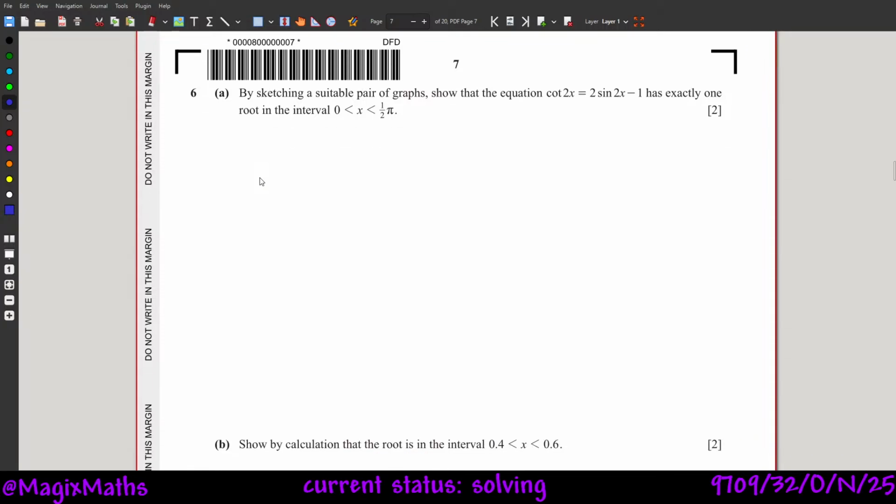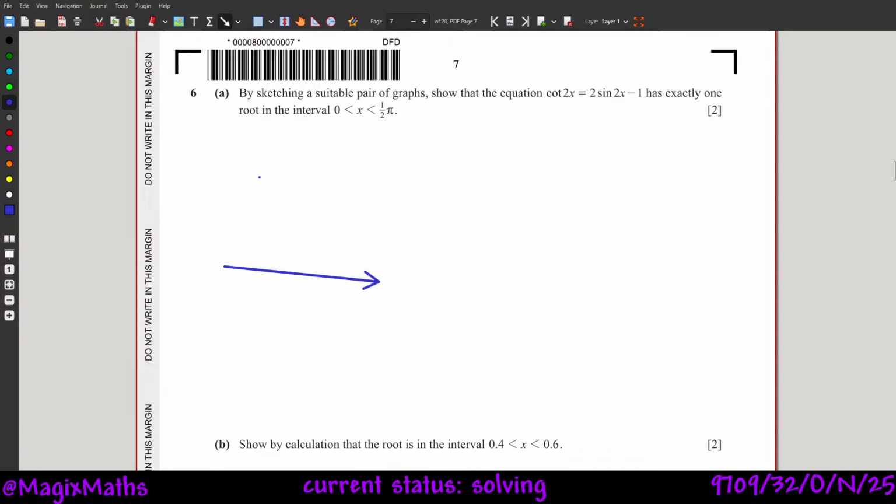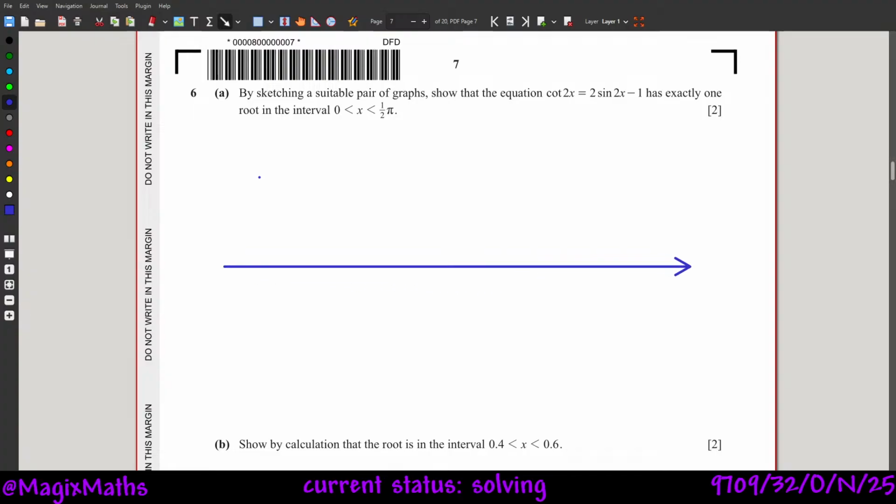All right, moving on to question 6a. Sketching a graph, show that this equation has exactly one root. So let's start with our axes. We have x and y.